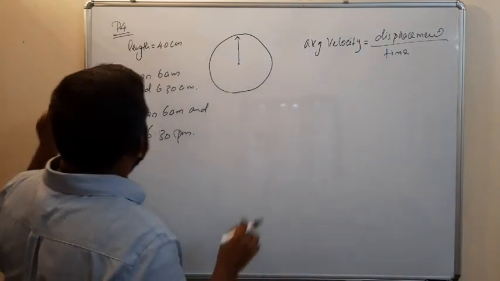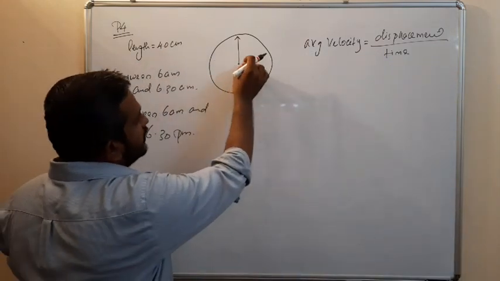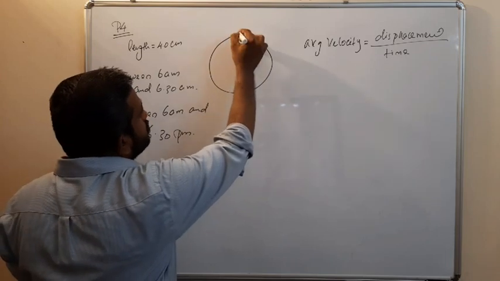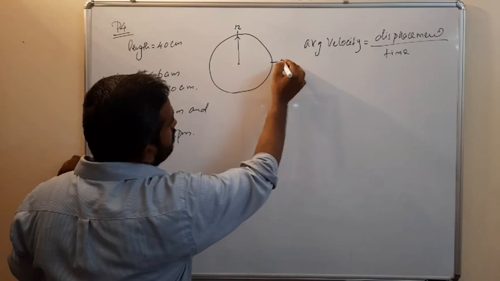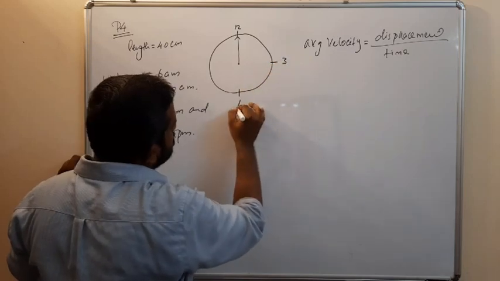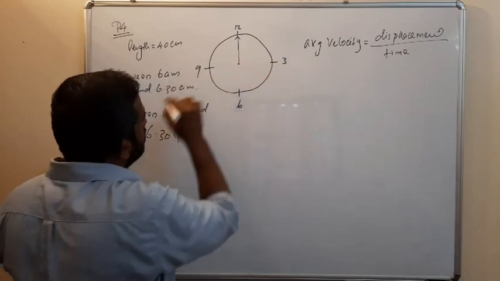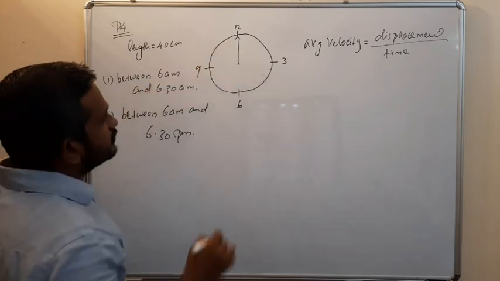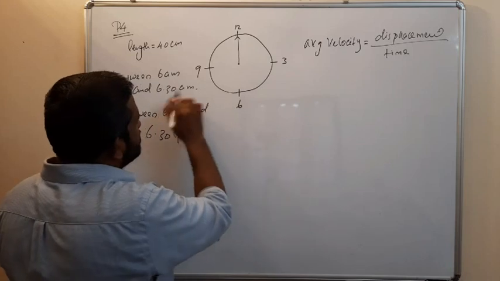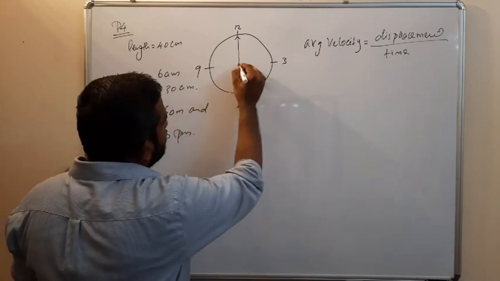When the time is 6 a.m., the minute hand is at 12. Suppose this is 12, this is 3, this is 6, this is 9. The minute hand is at 12. So when the time is 6:30 a.m., the minute hand comes here.